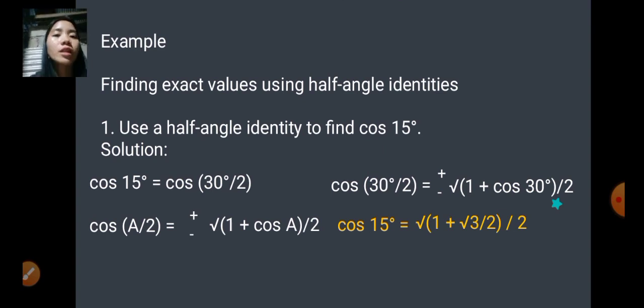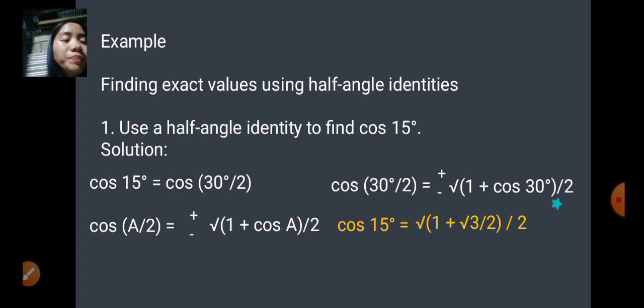For example, finding exact values using half-angle identities. Number 1, use a half-angle identity to find cos 15 degrees. So, the solution is cos 15 degrees is equal to cos of 30 degrees over 2. So, cos a over 2 is equal to positive and negative square root of (1 plus cos a) over 2.